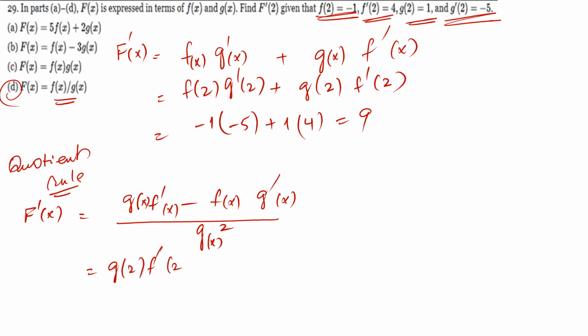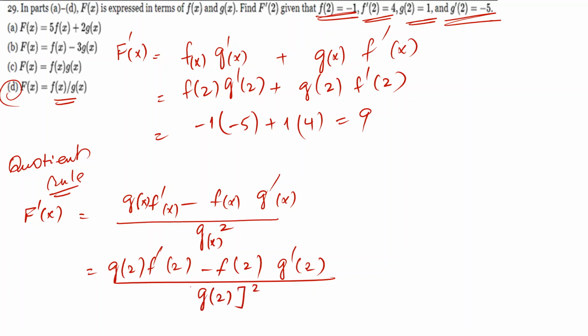Now remember that in such questions, whether it is a normal school exam or an AP free response question, you have to show your work if it is a free response question. Now what is f of 2 equal to? F of 2 is -1. What is g of 2? G of 2 is 1.